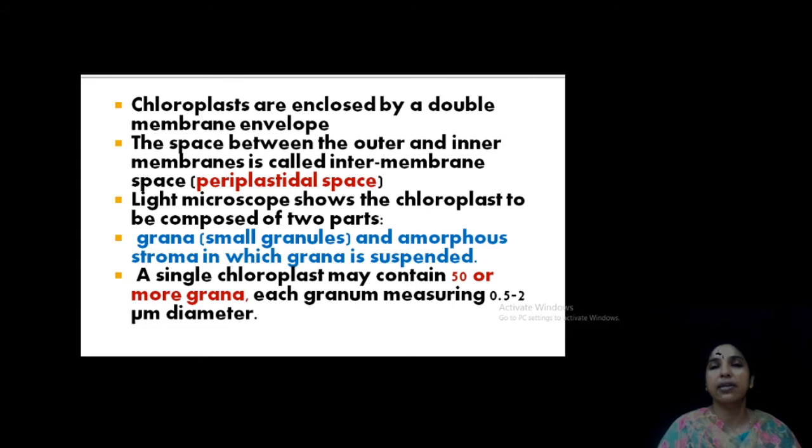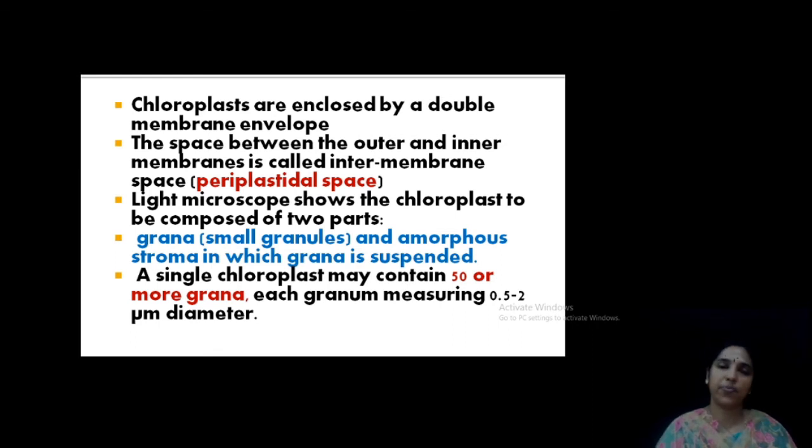Inside the inner membrane is the fluid filled space, that is known as stroma, and it contains structures known as grana or granules. They appear as granules under the microscope. A single chloroplast may have 50 or more grana. Grana is a very important part of the chloroplast that carries the chlorophyll. And the fluid filled part of the chloroplast is known as the stroma.